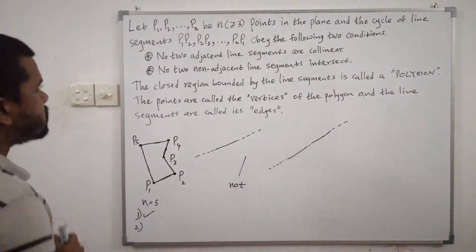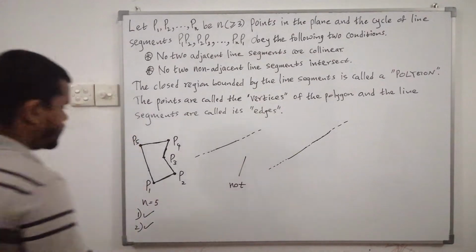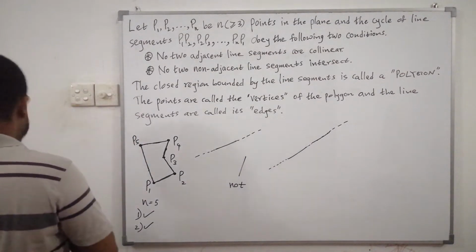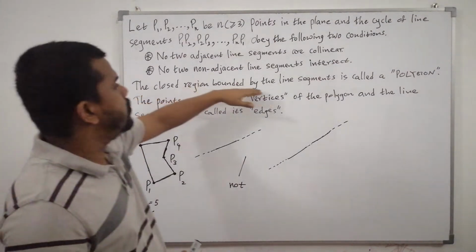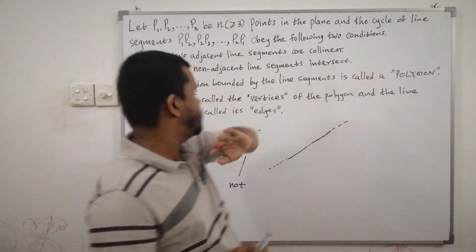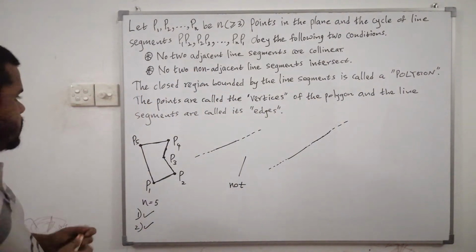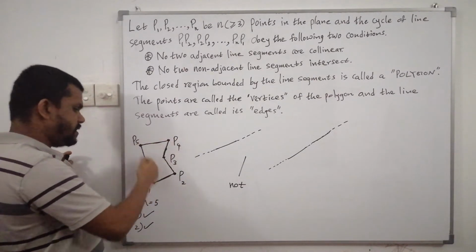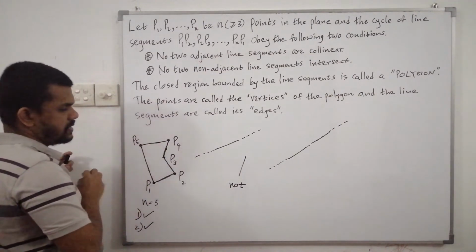Now, here, as we could see, the second condition is also true. Therefore, this is a polygon. Now, if this is a polygon, the closed region bounded by the line segments. This cycle of line segments bounds a region.